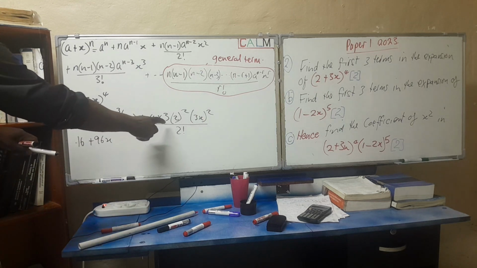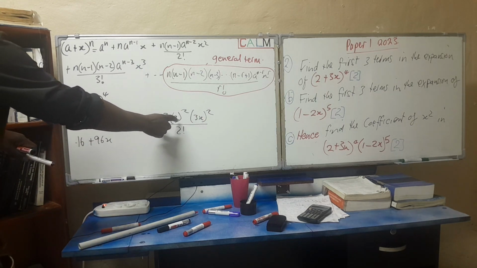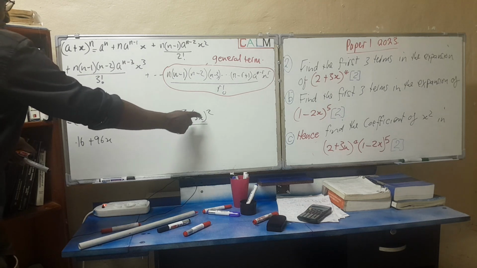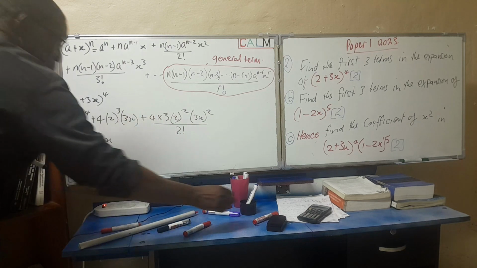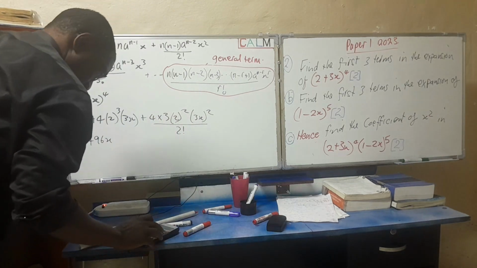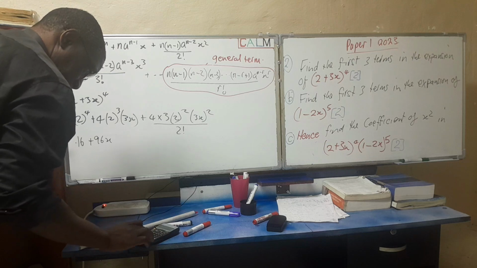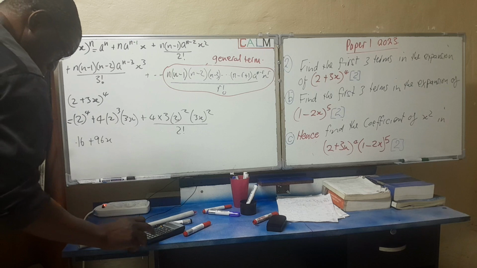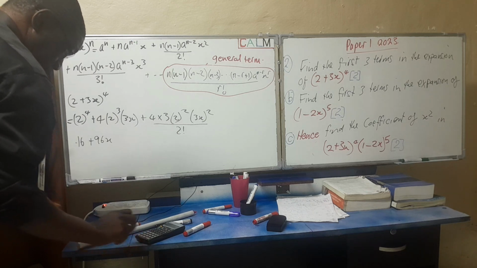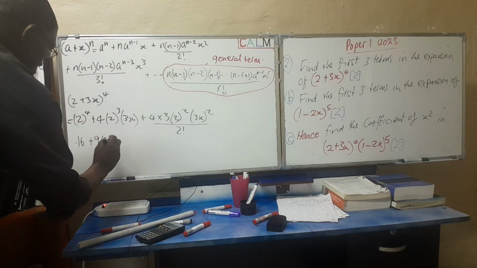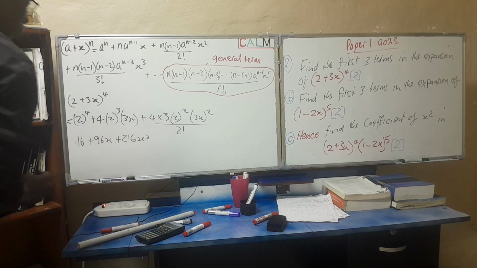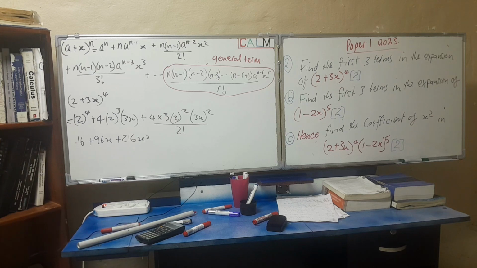Here we have 3 times 4, which is 12. 12 times 4 is 48. 48 times 3 times 3, which is 9. 48 times 9 is 432, divided by 2 factorial, which is 216. So it's plus 216x squared.